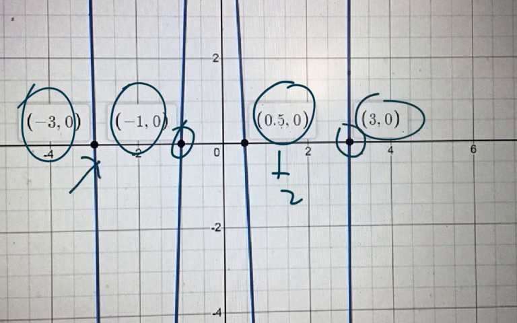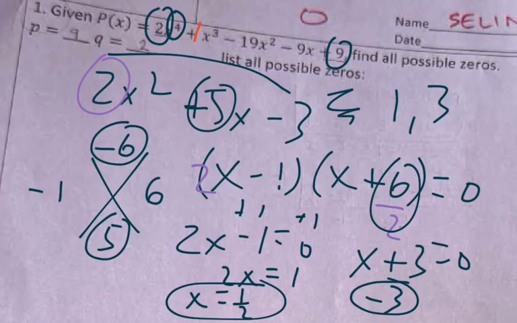And remember, this is actually the graph using Desmos. Notice those are the 4 points that cross our x-axis here. Those are what we call our zeros, or our roots, or our x-intercepts. All 3 names basically mean the same thing, okay? So that's how it's done.